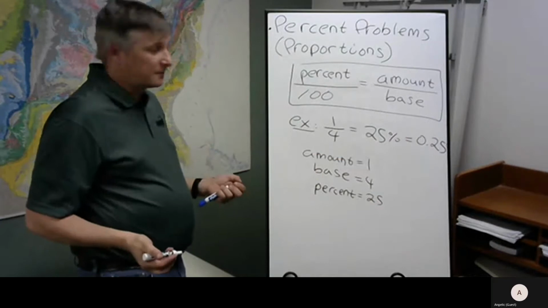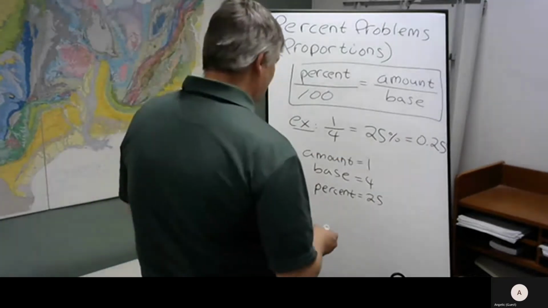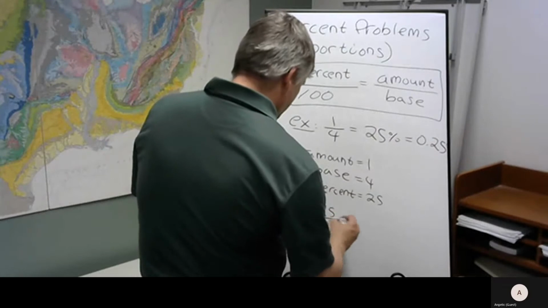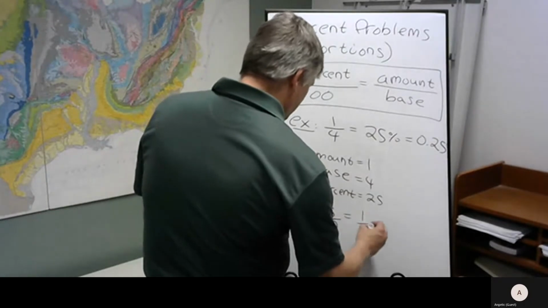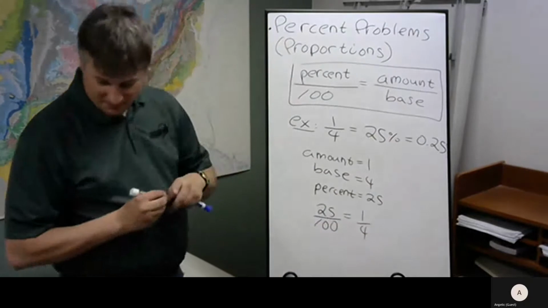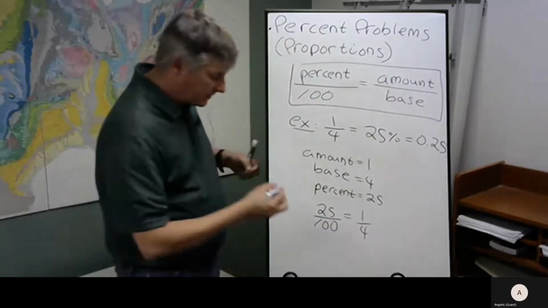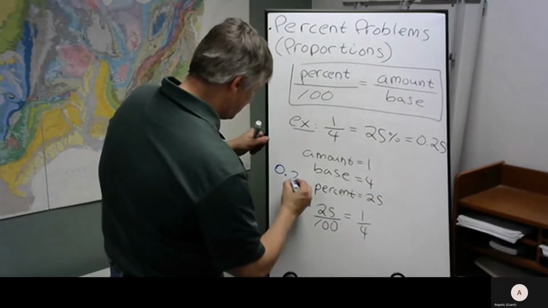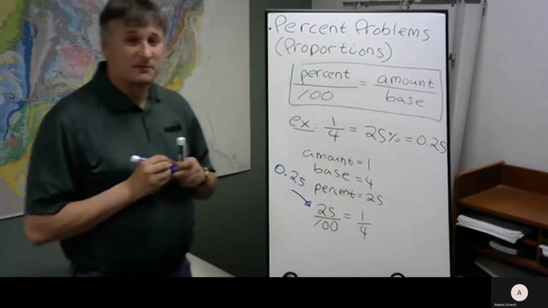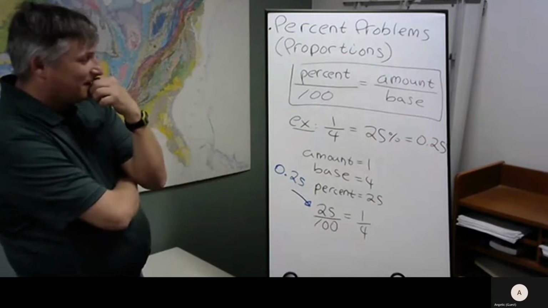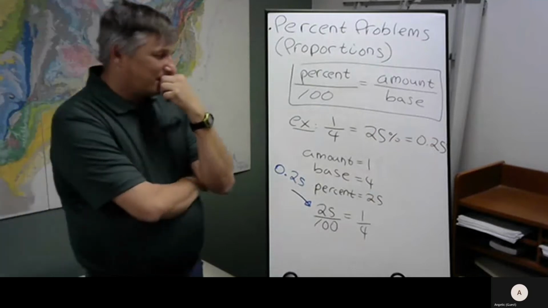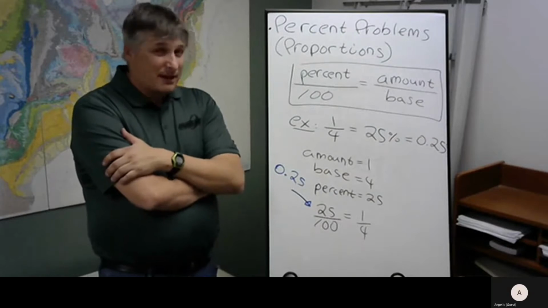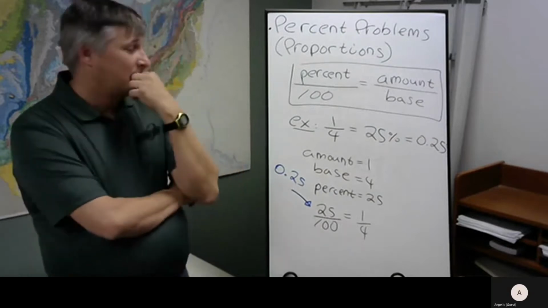So when we put this together, what we get is 25 over 100 equals 1 over 4. And 25 over 100, that's 0.25. So that's roughly where this formula is coming from. Now the types, any questions about that?